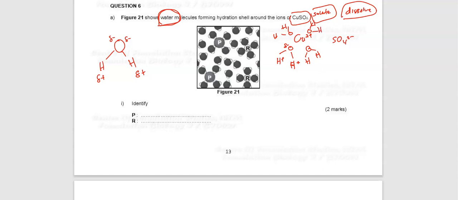So this is what we call the hydration shell, where water molecules surround the solute, or in this case ion. So we call it the hydration shell. So for SO4 negative sulfate, because it has a negative charge, the hydrogen region of the water molecule will face this ion, because the hydrogen has a partial positive charge.